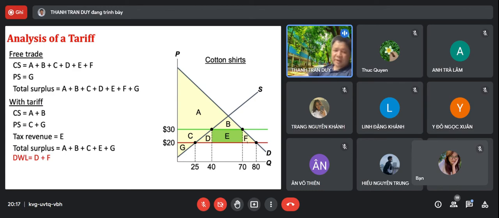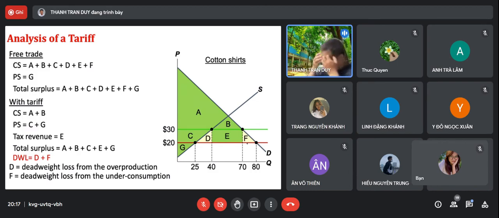And F originally was consumer surplus, but now nobody gets it. It is because of underconsumption. So D and F are both deadweight loss, but their natures are not the same.